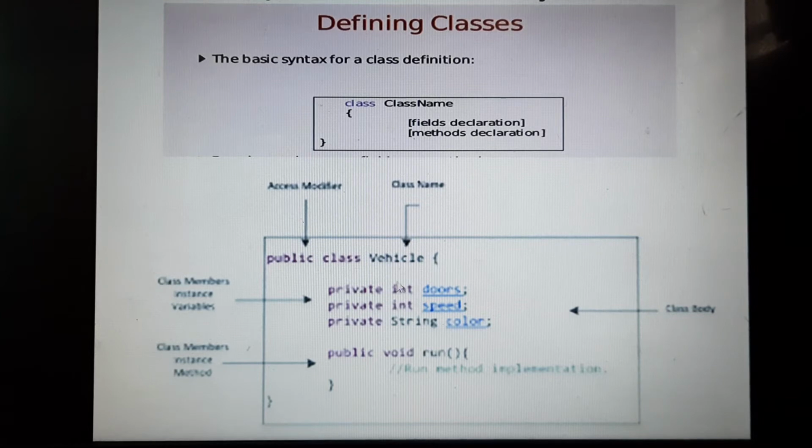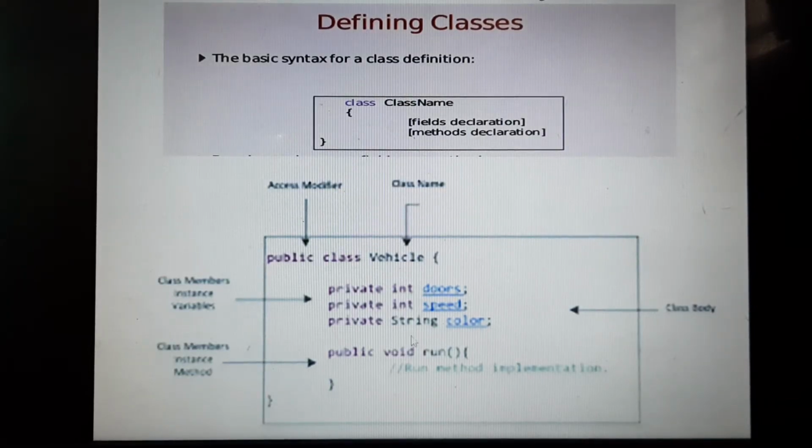Before we write the class in our programming language, we use public class. Public is the access modifier and class is a keyword. So public class, then the class name, which is user defined, the name given by us.